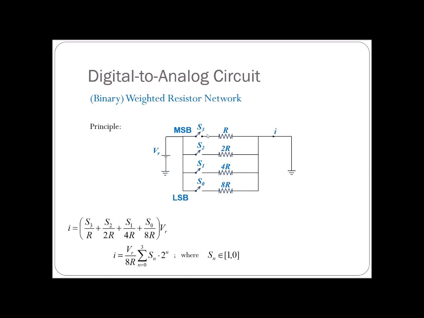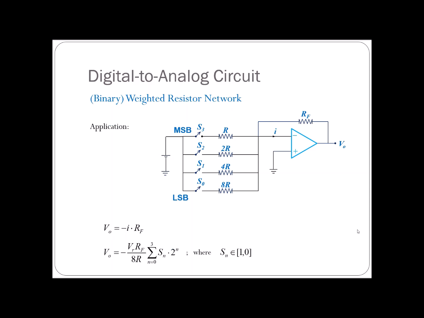So again, when everything is on, then the total current will be equal to the summation of these. S0, S1, S2, S3 here, even though they give a notation of the switch, you can see this as the bit. When it is on, then S0 will be 1. When it is off, then S0 will be 0. Same thing for S1, S2, and S3. Okay, so this is the simplest way to convert a digital signal to an analog signal.